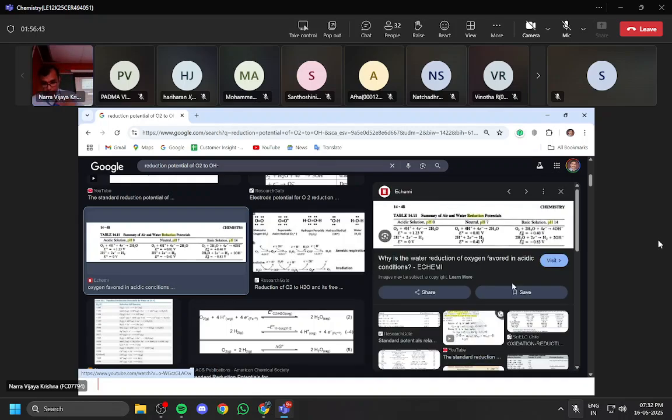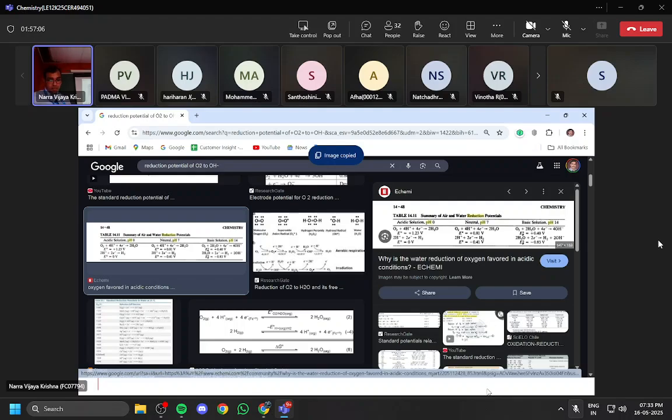Here, see that basic pH equal to 14. What is the voltage, sir? O2 plus H2O plus 4 electrons gives rise to 4 OH minus. So what is that voltage? Plus 0.4 volts. See this one, basic solution. So approximately 0.4 volts. Acceptable, sir?